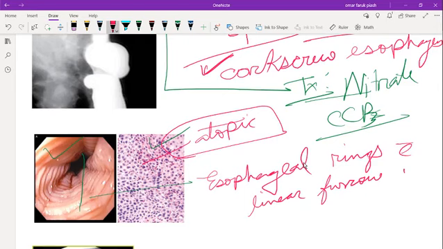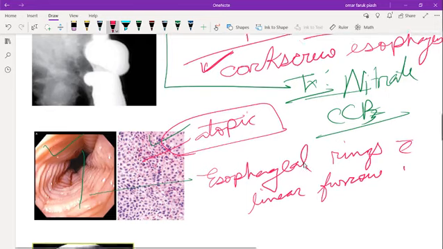And in eosinophilic esophagitis there are food allergens, dysphagia, food impaction, and it is typically unresponsive to GERD therapy.